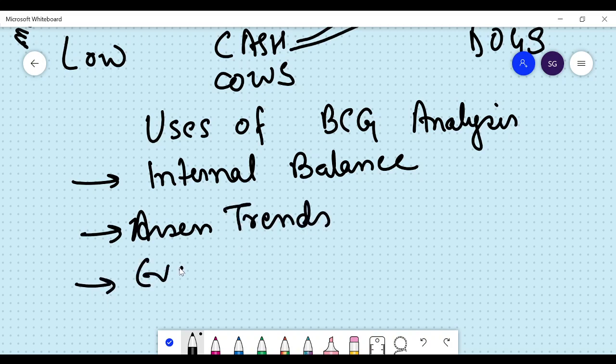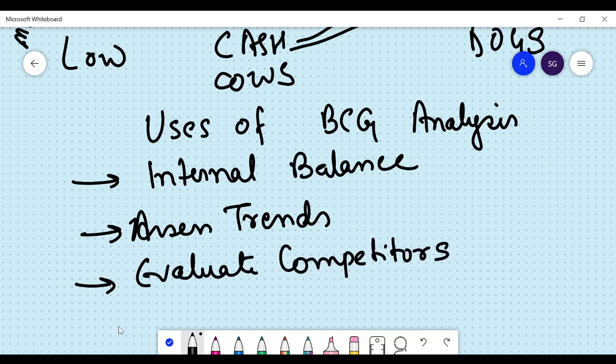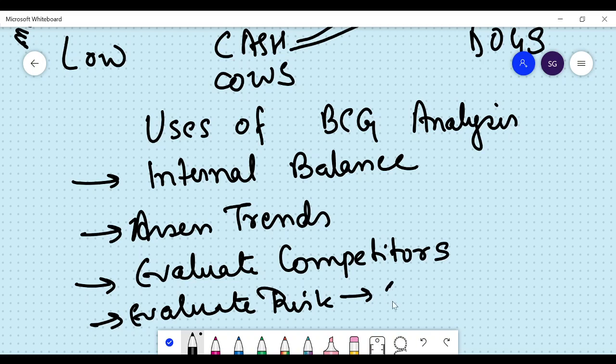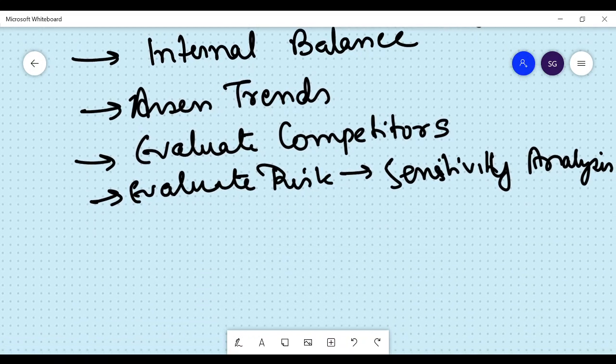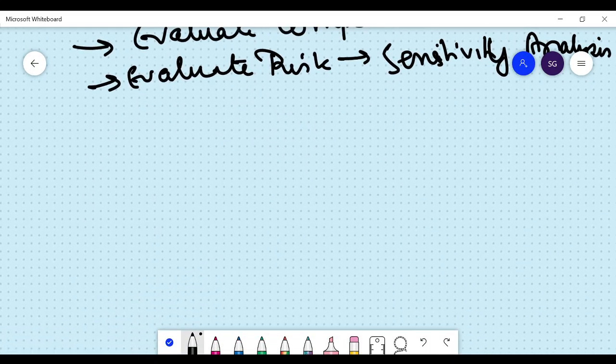It helps to evaluate competitors. It helps to evaluate risk, which involves sensitivity analysis. So these are the 4 uses of BCG analysis.